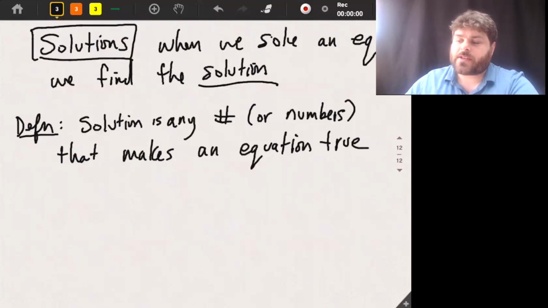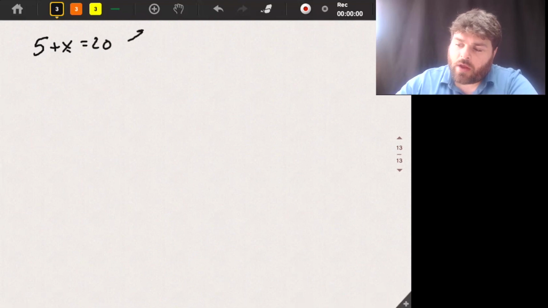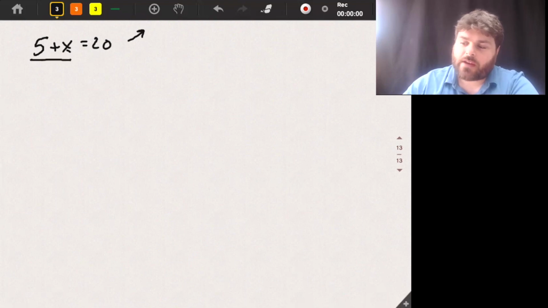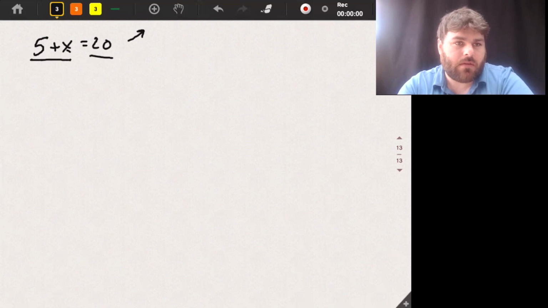All right, so let's look at some examples of some equations, okay? Let's start with a really, really basic equation. 5 plus x equals 20, okay? 5 plus some number that we don't know has to equal 20. So I want the left side and the right side of this equation to be the same number. So what would x have to be? Yeah, x would have to be 15, right?